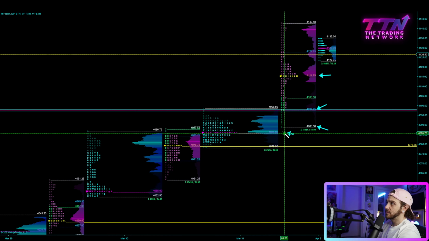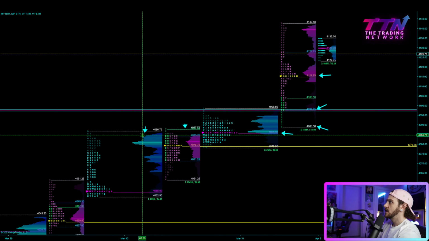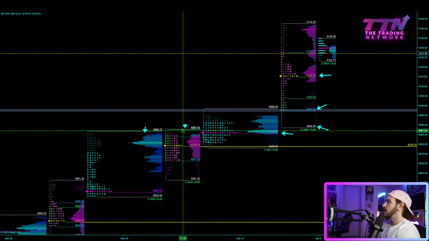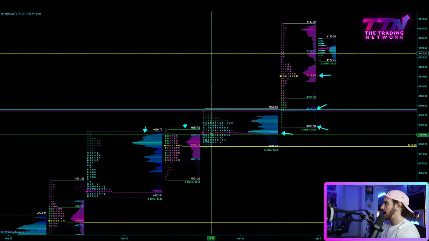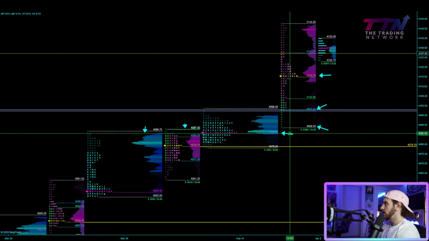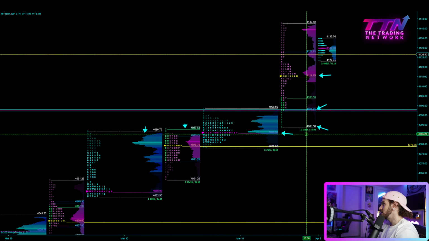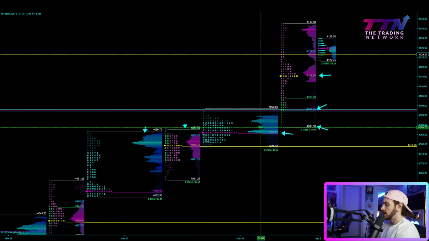You can see we have a ton of market profile levels lining up within just a few points of each other. So 40.86, the Wednesday into Thursday overnight high. We have 40.87, the Thursday regular trading hours high. We have, what is this level right here? 40.85 is the Thursday into Friday overnight POC. And then, of course, 40.8850 is Friday's low.